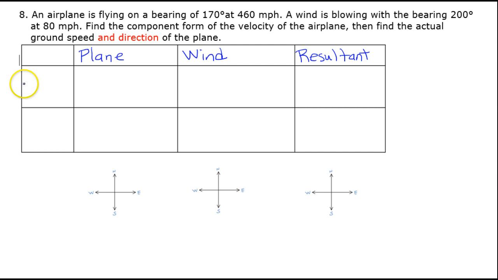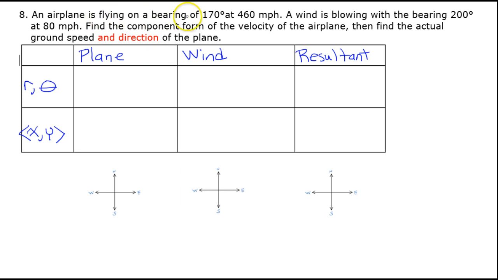In the first row we will record the magnitude and direction of each vector, and in the third column we will record the component form. So first, let's find the magnitude and direction of the two vectors.